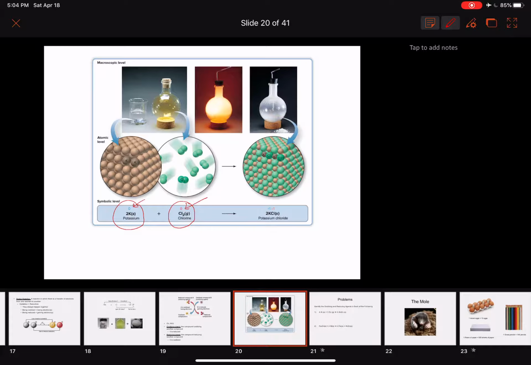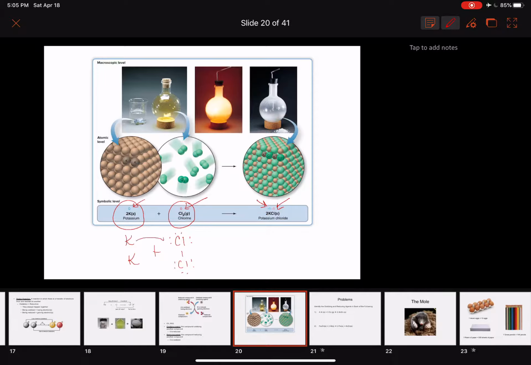And we have potassium giving chlorine an electron. So chlorine goes from Cl with a 0 oxidation state to -1. And potassium, because it's giving away its negatives, goes to +1. So we have a couple of potassiums, and they are reacting with a chlorine molecule.